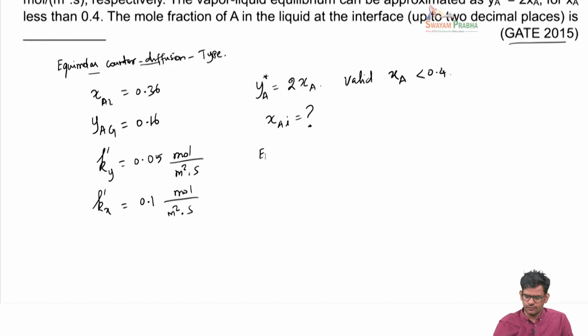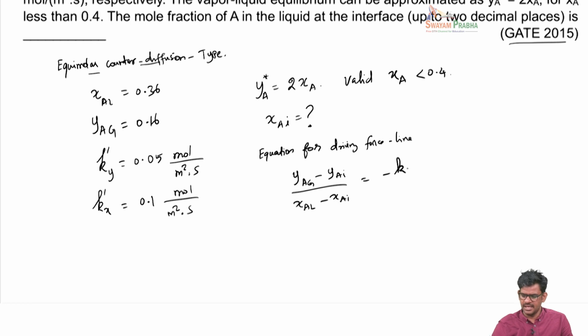So the equation for the driving force line is YAG minus YAI by XAL minus XAI is equal to minus KX prime by KY prime. So this is equal to minus 2, because it's 0.1 by 0.05, it's 2, minus 2.